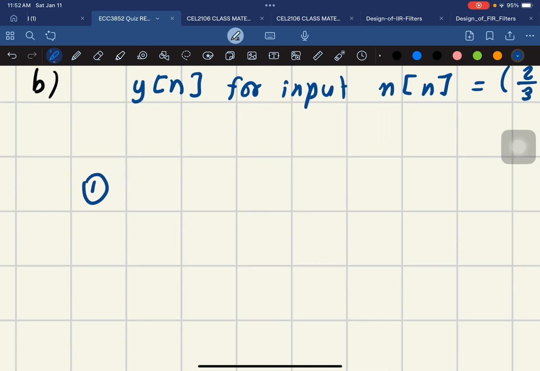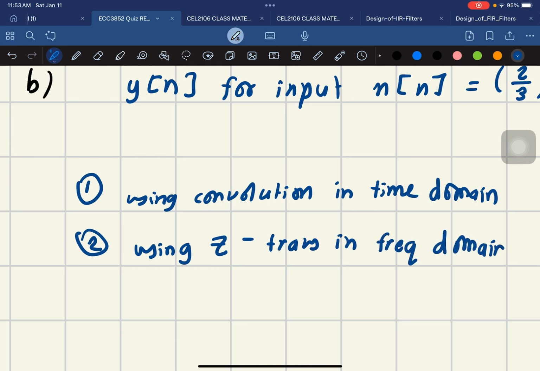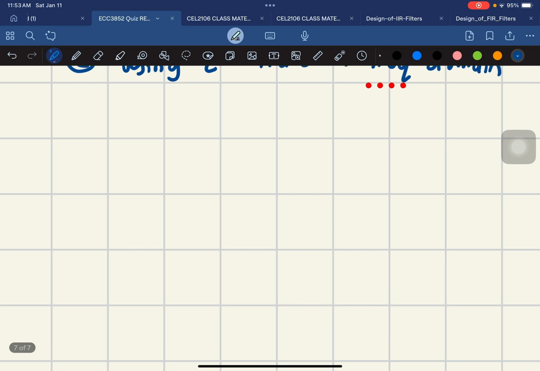The first step is using convolution in the time domain, and the second one is using the Z transform in the frequency domain. Okay, so we will start with the time domain first. Since we will use the convolution, this is the time domain.